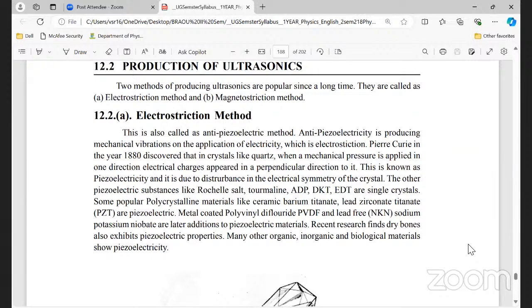It is due to the disturbance of electrical symmetry of the crystal. Other crystals are rock salt, tourmaline, ADP, DKT, EDT.